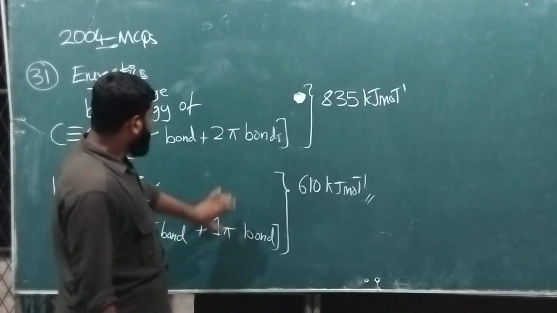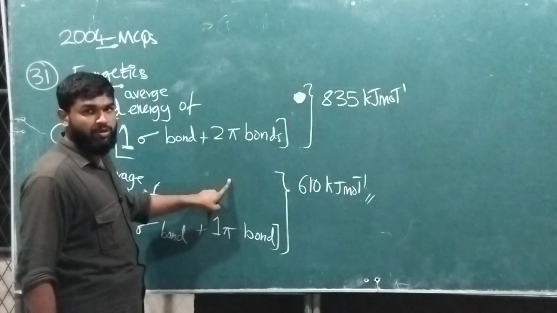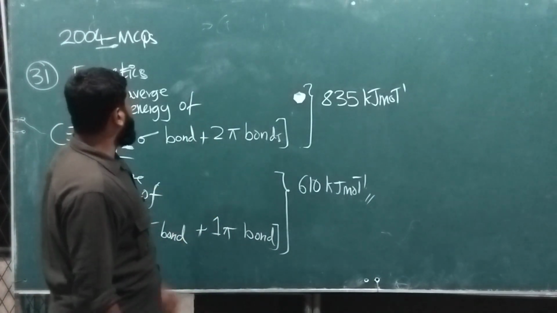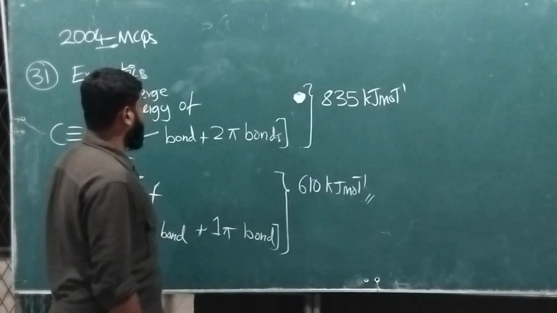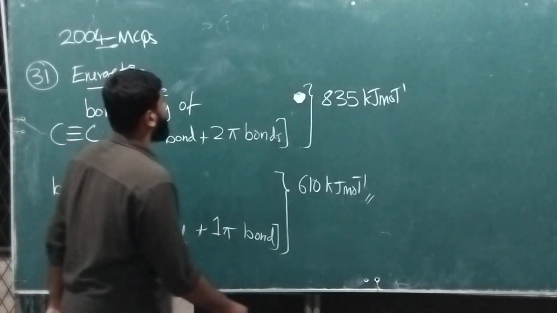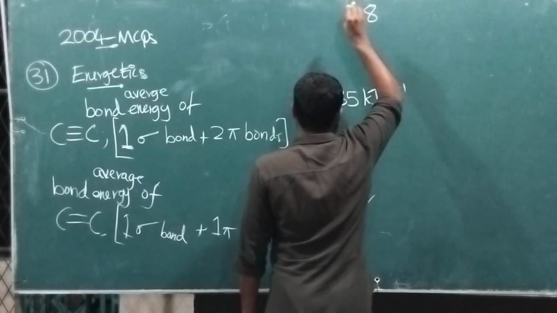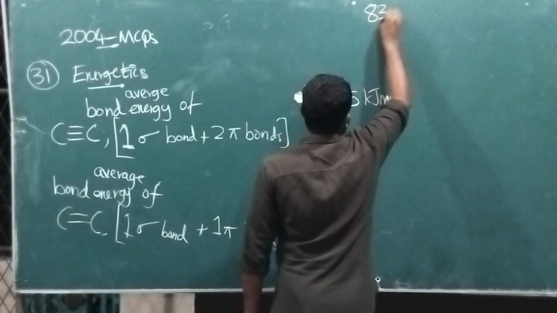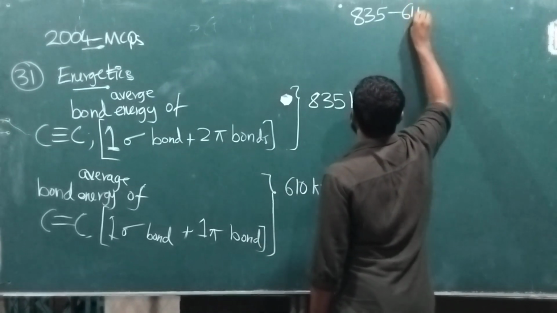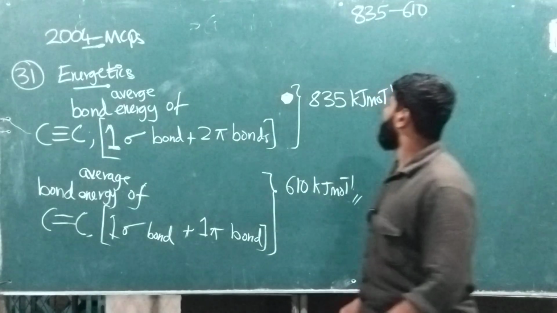In the case of pi bonds, 2 minus 1, we will get only one pi bond. As a result, you will get one pi bond's energy. Keep in mind, you should not say the answer will be 835 minus 610. Why can't you say?